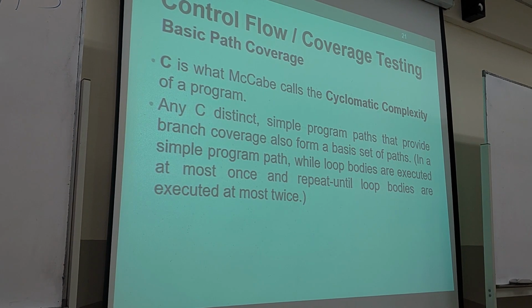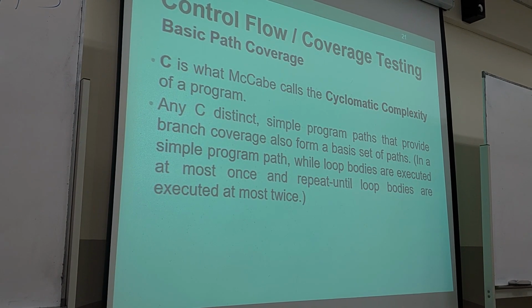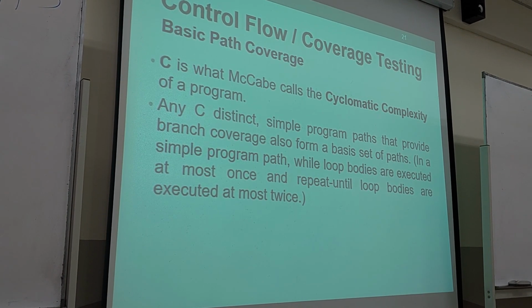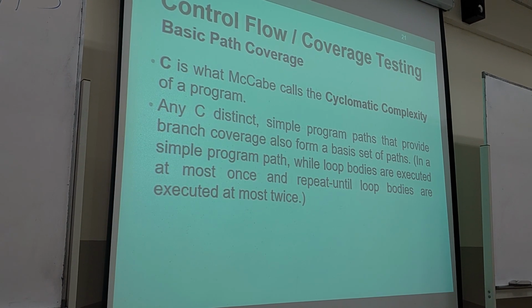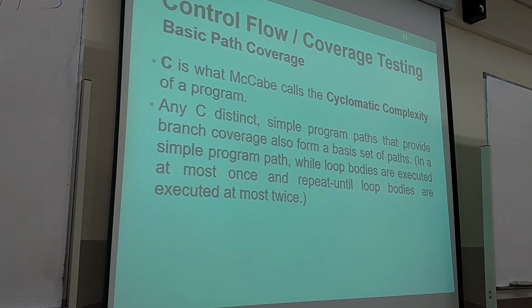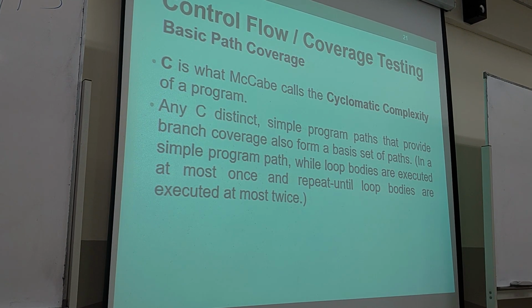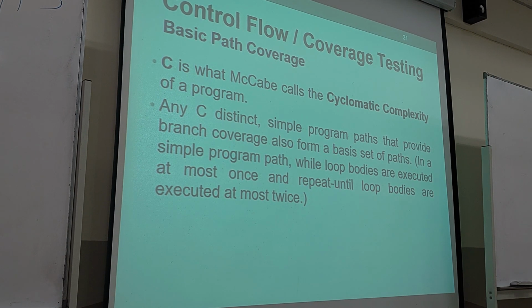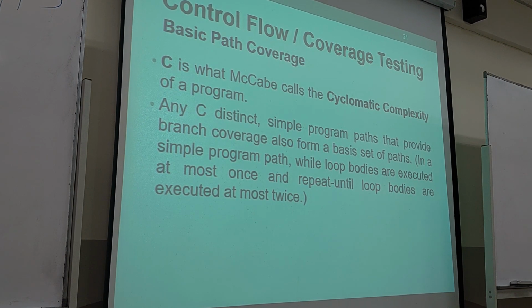I think I have mentioned that when the cyclomatic number is getting bigger, it means we have more paths to test. When it says only 2, it means we have 2 paths to test. And when it says 5, 6, it means we have more paths. So the more paths we have to test, the higher the complexity. Okay?